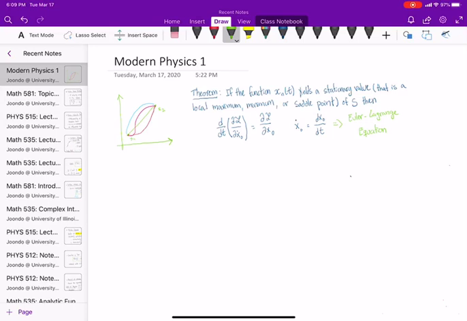In the Euler-Lagrange equation, the boundary conditions are well understood in a certain way. The important thing is that the boundary conditions of this equation are well understood.